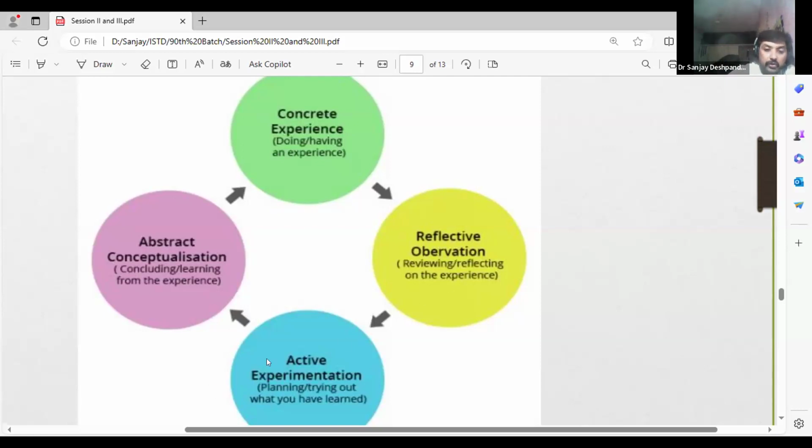Next one. Whosoever has got the highest score for AE, active experimentation, you are very active when it comes to experimentation. You don't mind making mistakes. You learn from your mistakes. You believe in the trial and error method. Flaws, mistakes are okay for you.